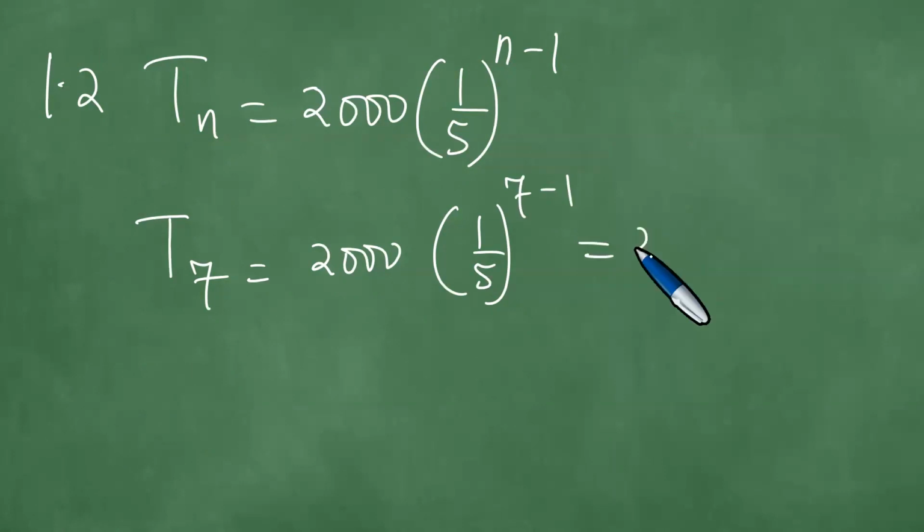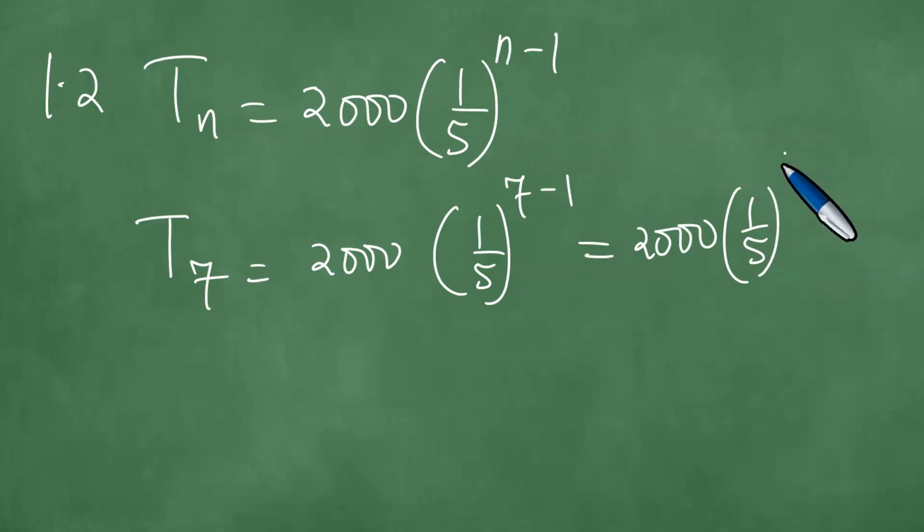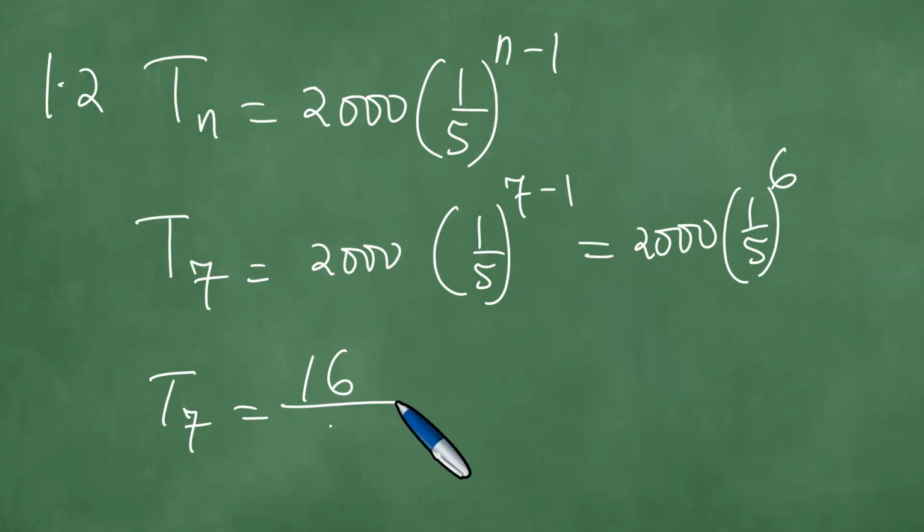So you have 2000 into 1 out of 5 to the power 7 minus 1, which is 6. And then you'll just use a calculator to get the answer to this one. So it's 0,128. Yes, it's 0,128. So you can write it as 16 out of 125.